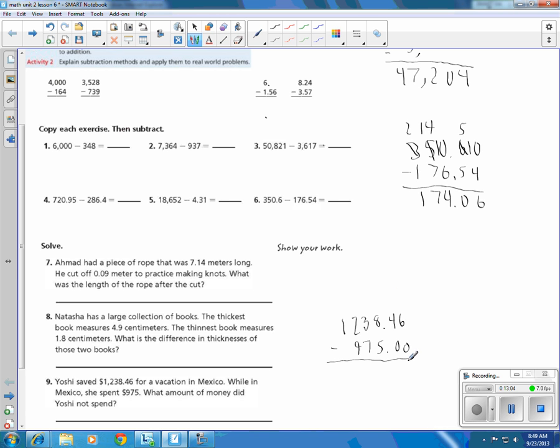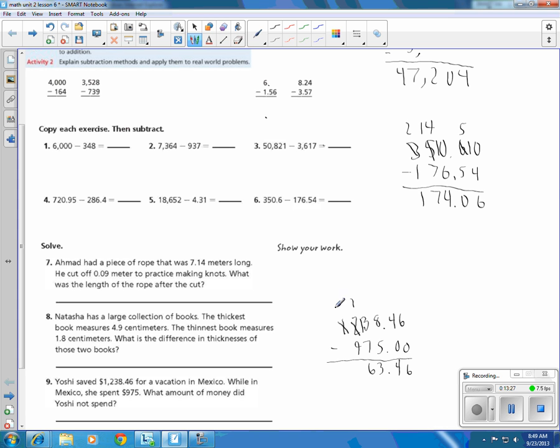Alrighty, so not going to have to do any borrowing or ungrouping just yet. Bring down my decimal. Minus 5. 3 minus 7. We cannot do that. We're going to have to come over to the next place and borrow. Now we're ready. 13 minus 7. 1 minus 9.